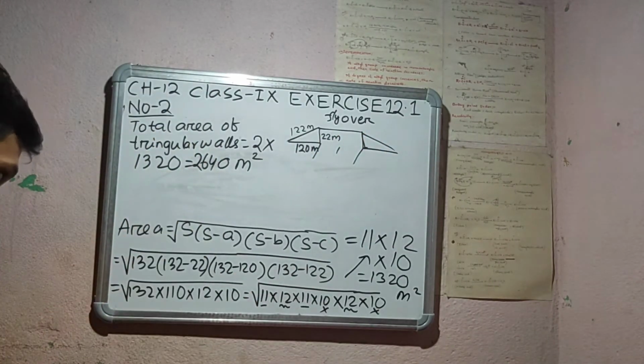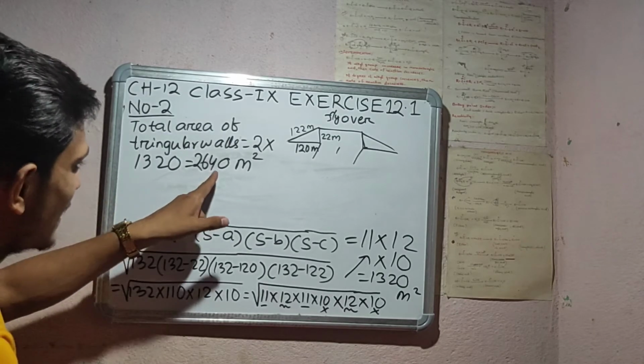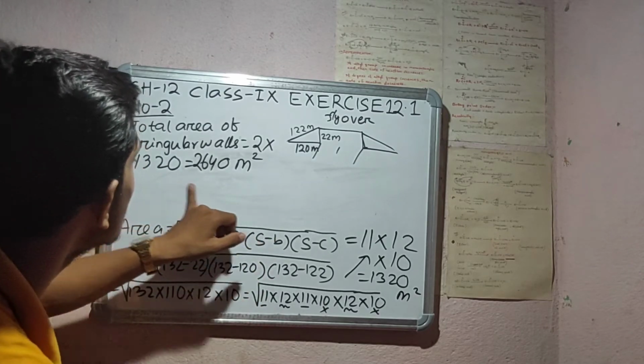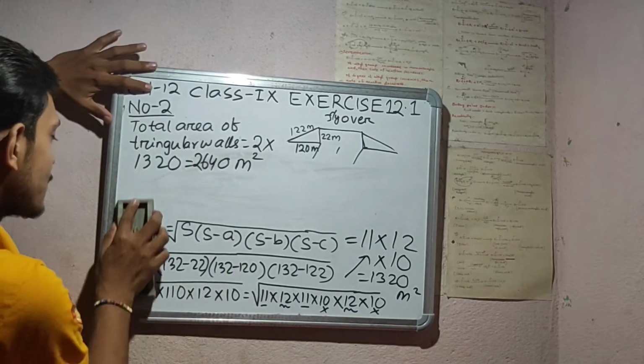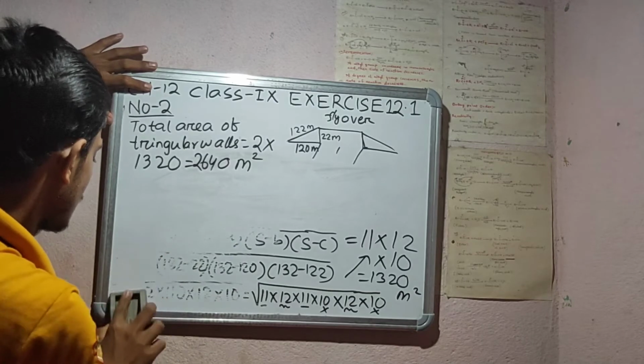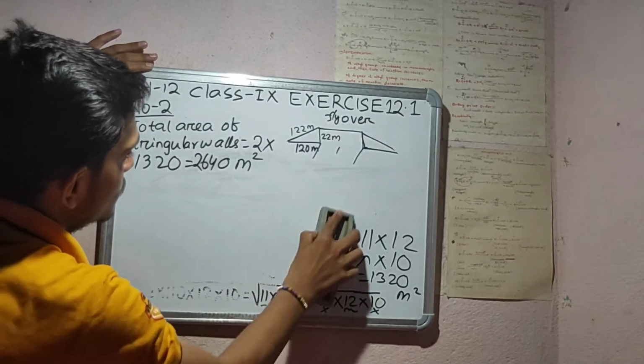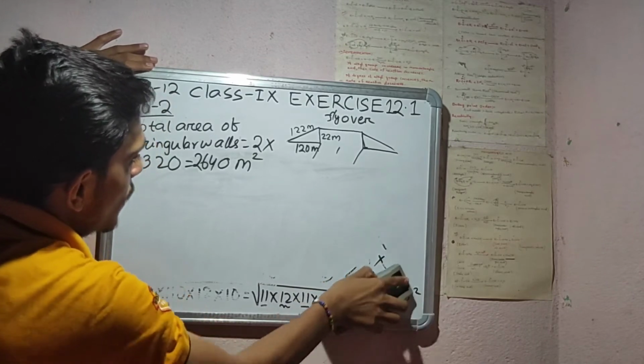Okay, but it is given that per meter square per year the earning of the advertisement is 5,000 rupees. So you can note down this.